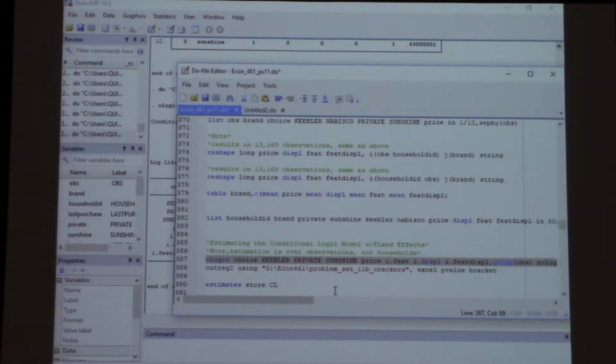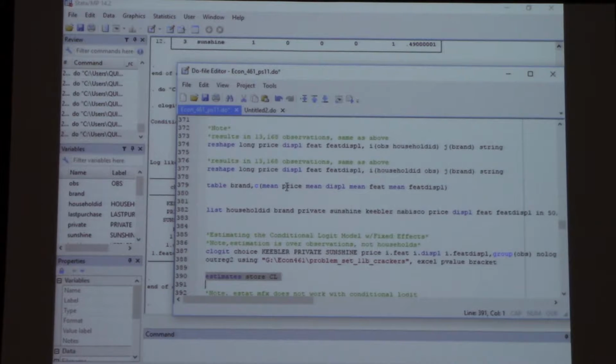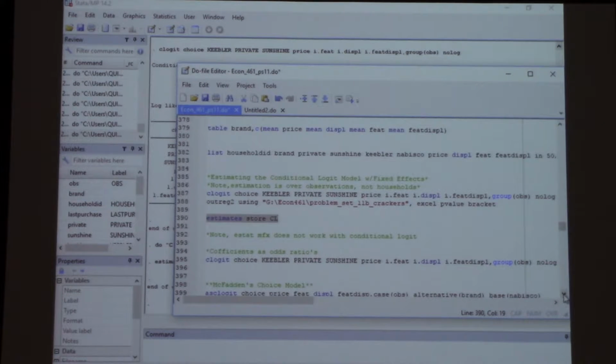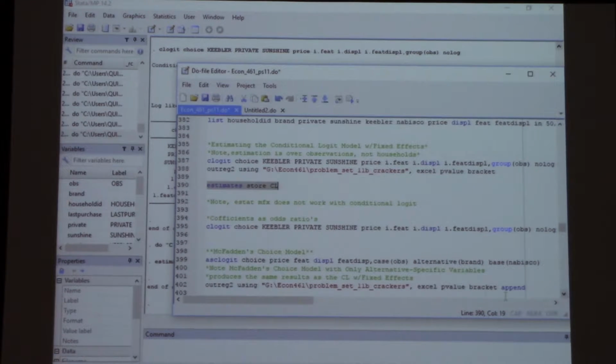It's our conditional logit model. There's 4 brands, only using 3, because we have to exclude one of the demos. Margins doesn't work, and neither does MFX with conditional logit. It does work with our McFadden's choice model. Again, another reason to like it.